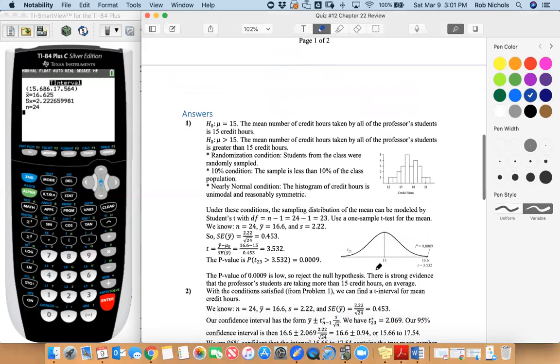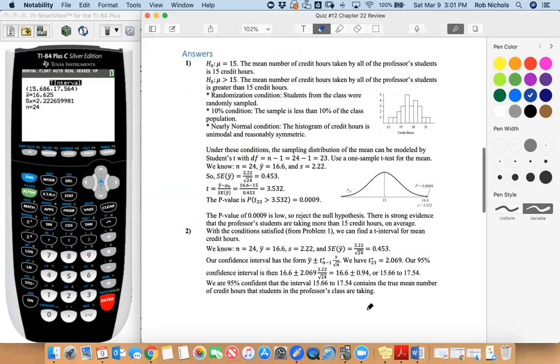Done. And there's the full, nicely worked out review answer sheet.